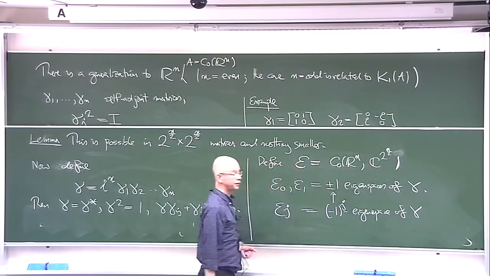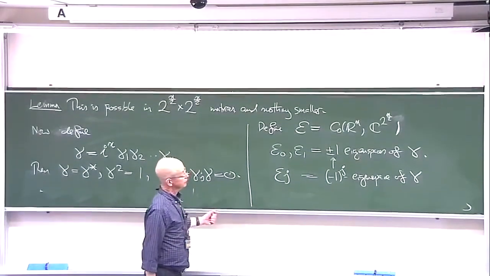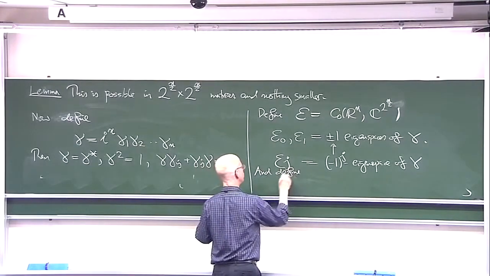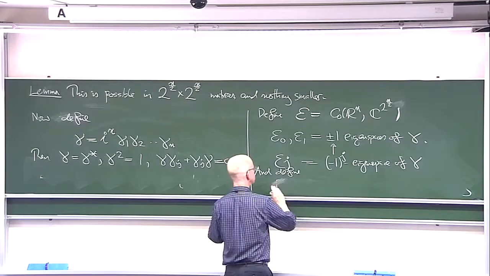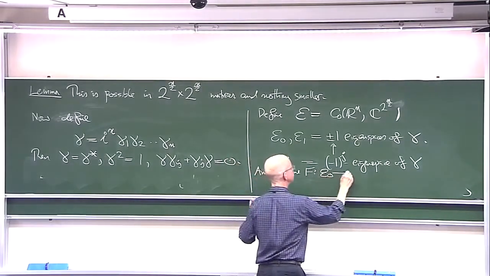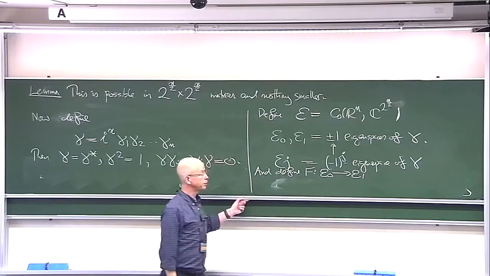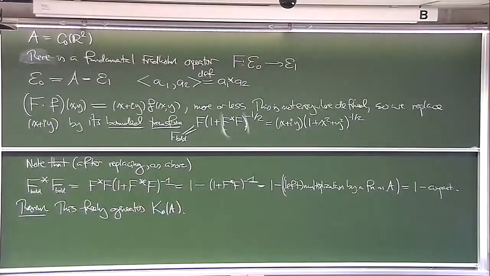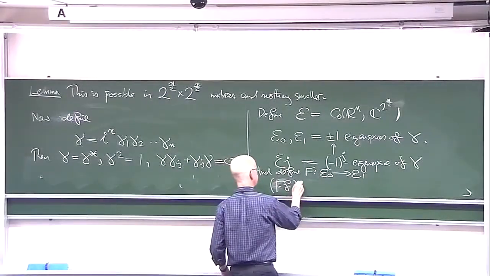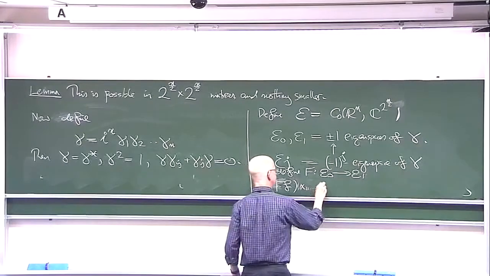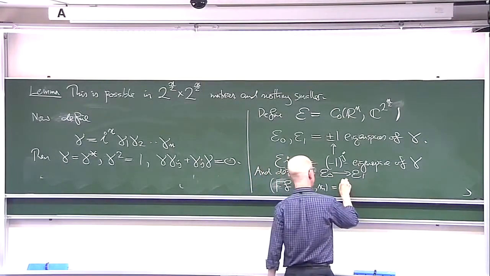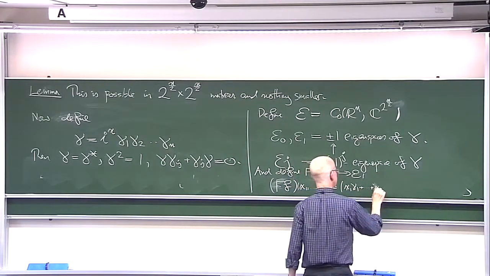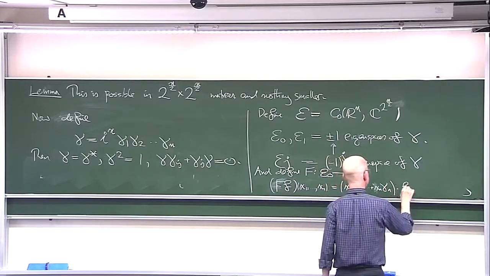These are the two eigenspaces that are around. And we can define an operator by some generalization of this formula here, namely F applied to a function f at a point x1 up to xn will just be, well, I'm going to multiply by x1 gamma 1 plus ... plus xn gamma n times f of x1 up to xn.